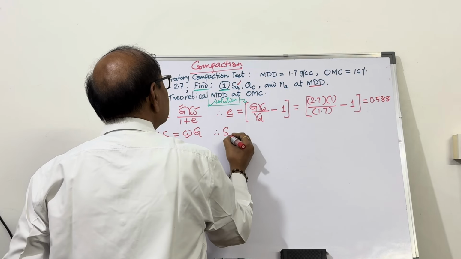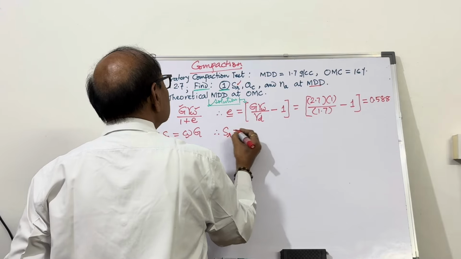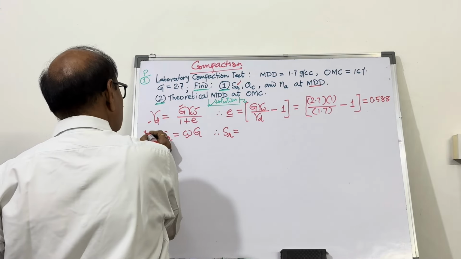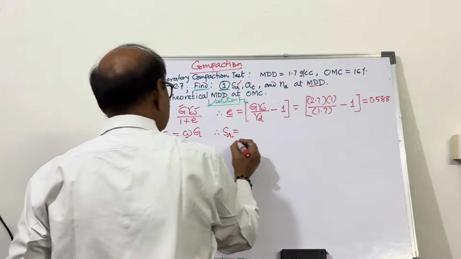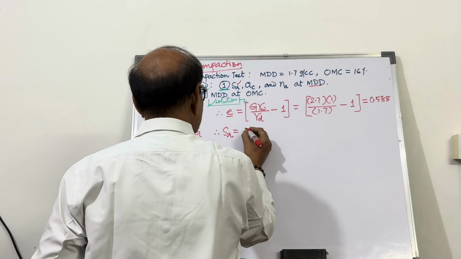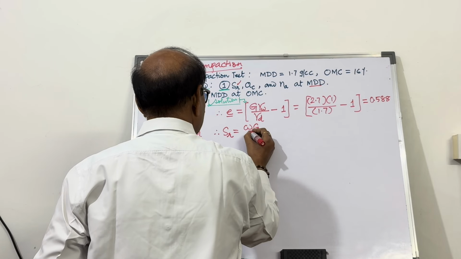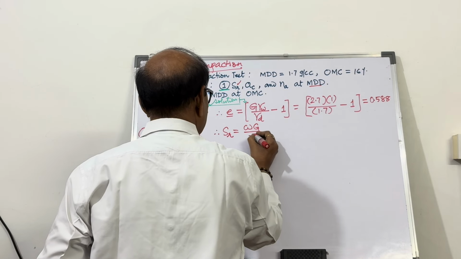Therefore, the degree of saturation, that is the part 1 of this problem, will be the moisture content into G divided by e.